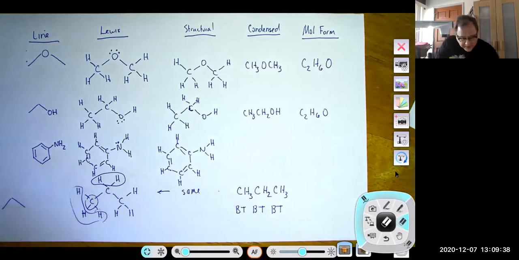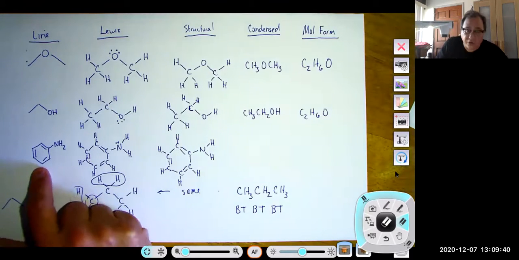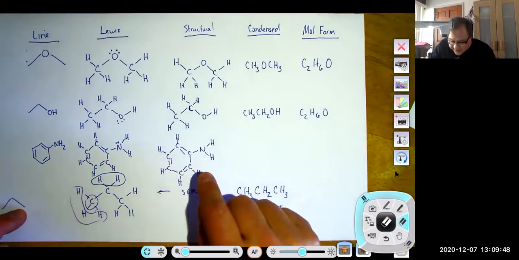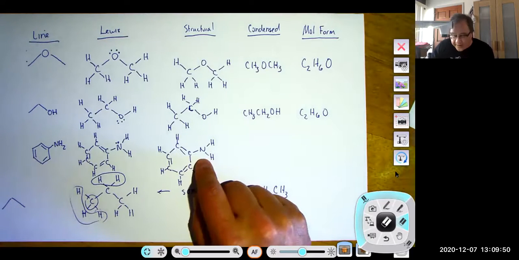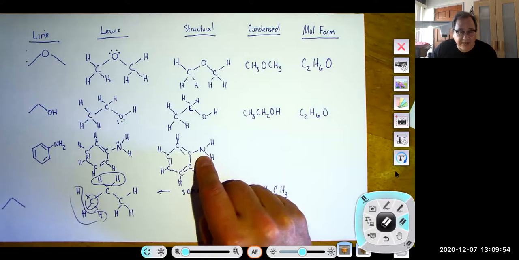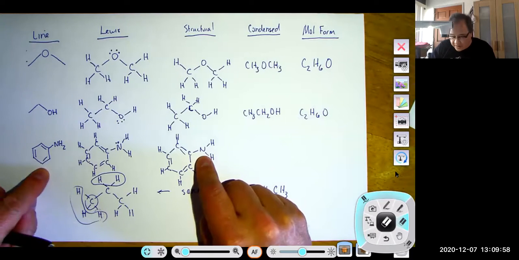Now, can you see, looking at this molecule, based on our interpretation, that there are 6 carbons? Can you see that? So here, looking at this, based on our interpretation, can you see that there's a lone pair on nitrogen so that it can have an octet? So just like carbons are implied here, lone pairs are implied in structural formulas.